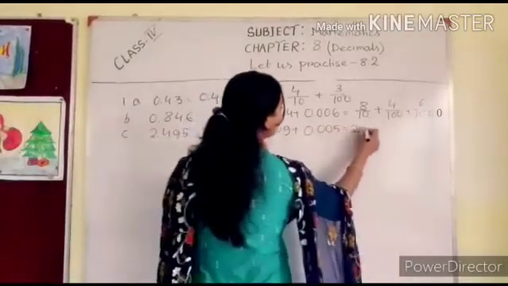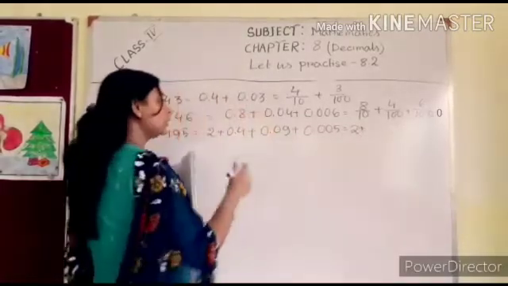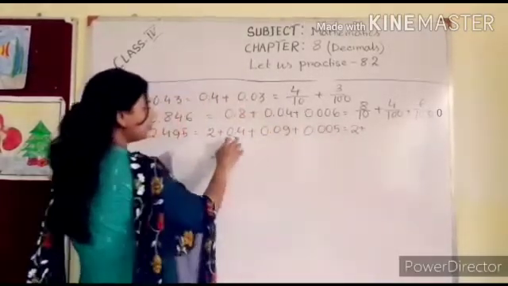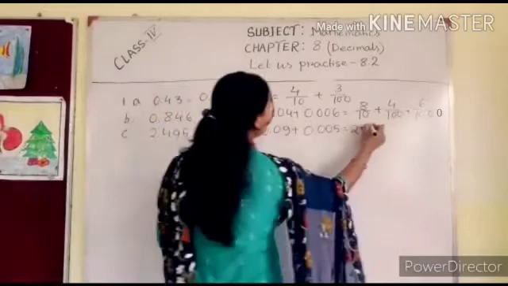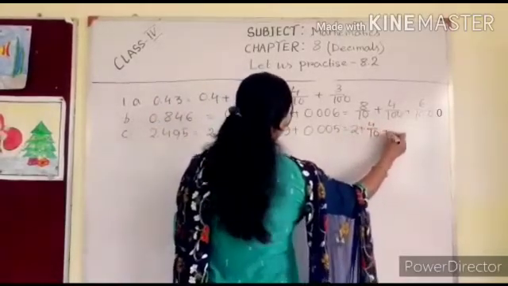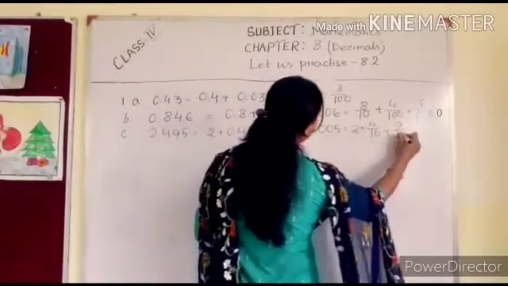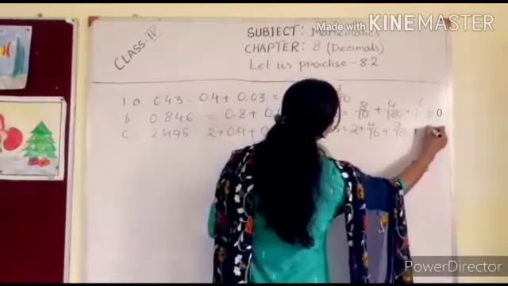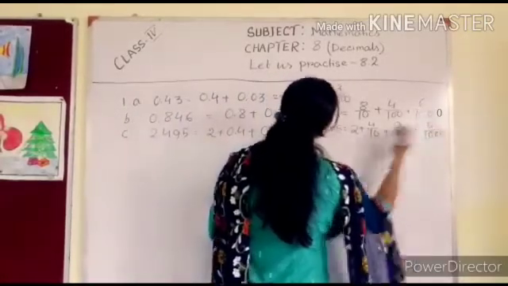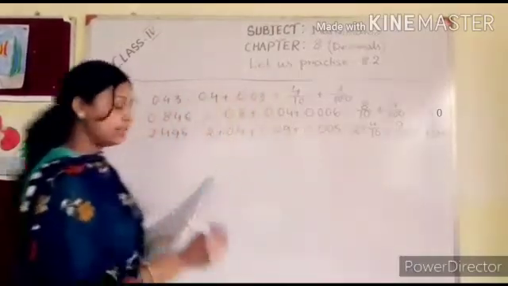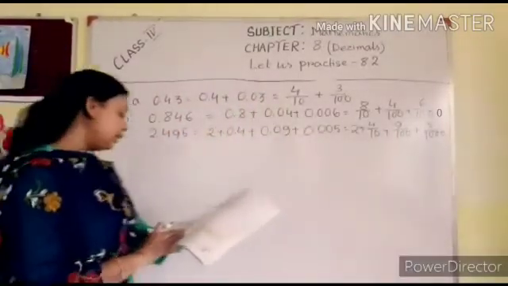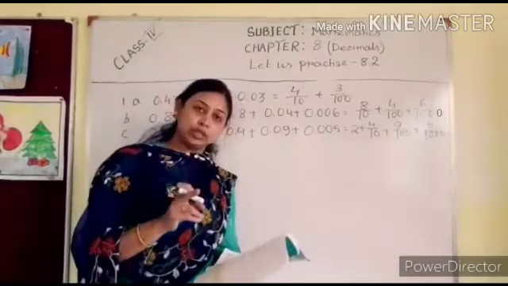So 2 is a whole number, so you just write 2, plus 4/10 because there is 1 digit after the decimal point, plus 9/100 because there are 2 digits, plus 5/1000 because there are 3 digits. D, E, F you will do yourself.